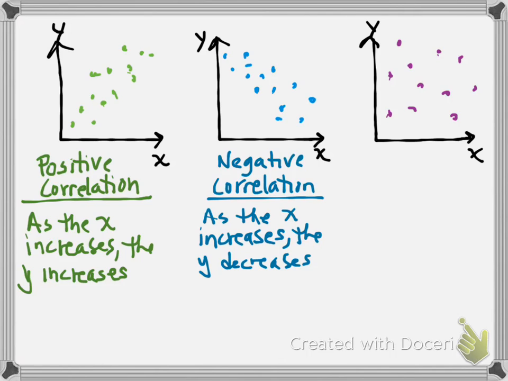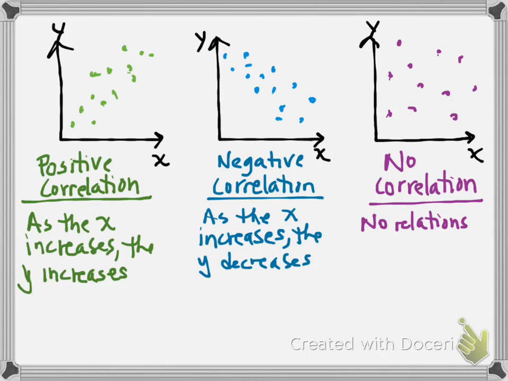There's no way to say they're kind of grouping going towards some way. So sometimes when we're looking for a connection, there's none whatsoever. So we say this is no correlation. And again, basically, there's no relationship between the two variables.